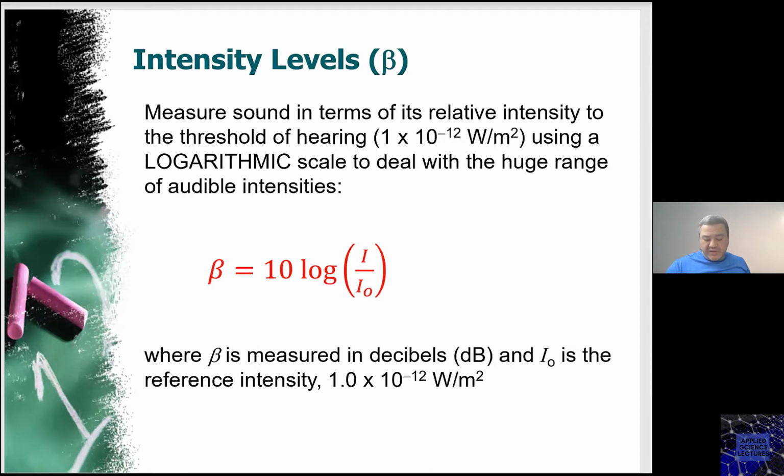And as we said earlier, it will be more useful to use the threshold as the reference in our decibel measure for the intensity level. So we will introduce what's called beta, where beta is 10 times the common logarithm, which has a base of 10, of the intensity level divided by the intensity threshold.